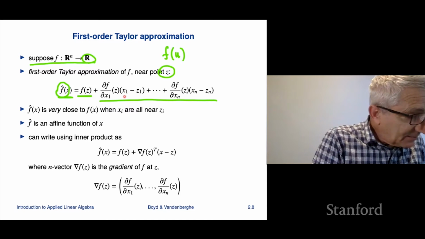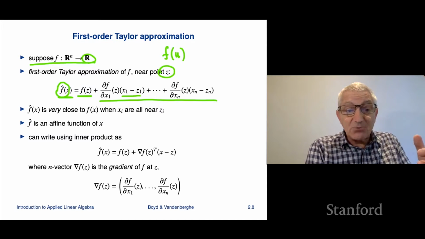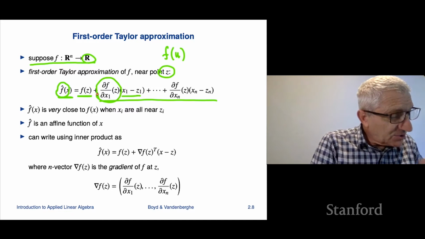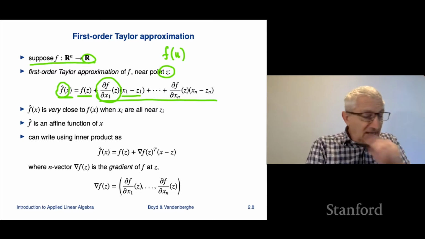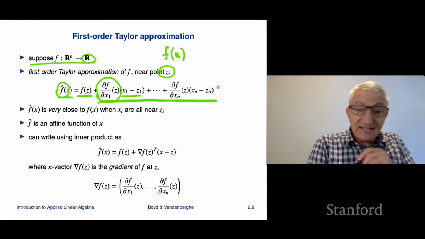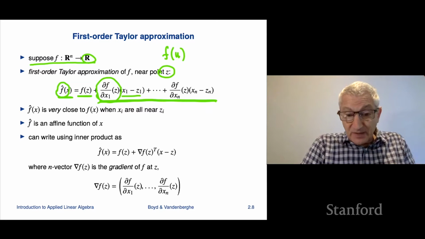For example, x1 minus z1 is the amount you have changed the first component from z1 to x1, and you multiply that by the partial derivative of f with respect to x1 evaluated at z. You add up all these correction terms and you get f hat. Now, that function is affine.